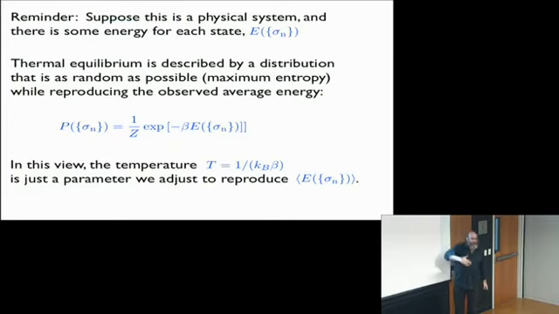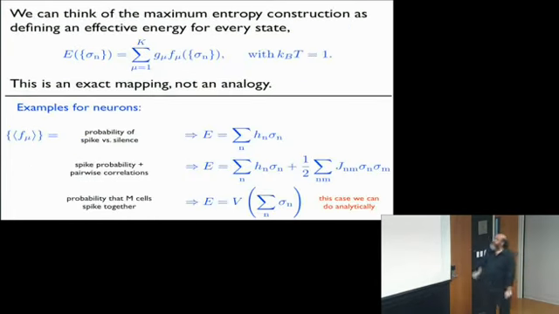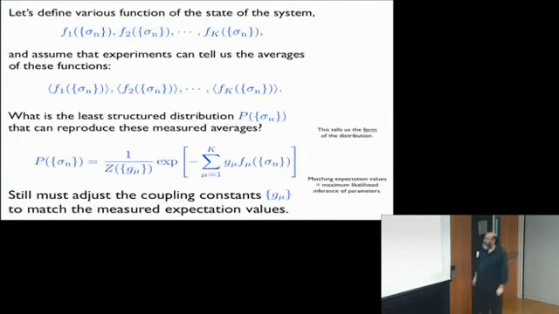Here, I have to do it the other way. Somebody has told me the average energy, and I have to go tune the temperature until it comes out right. Except I don't just have the average energy, I've got lots of these things, and so I have to tune them all right.